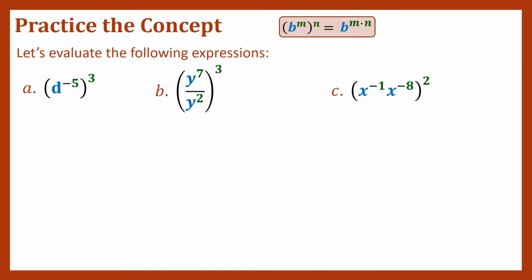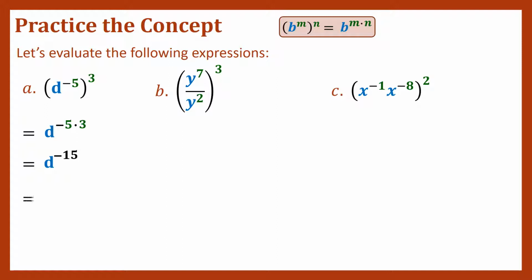The first one reads, the variable d raised to the power of negative 5, in parentheses, raised to the power of 3. Using the power rule, this is then equal to the variable d raised to the power of negative 5 times 3, which equals the variable d raised to the power of negative 15.